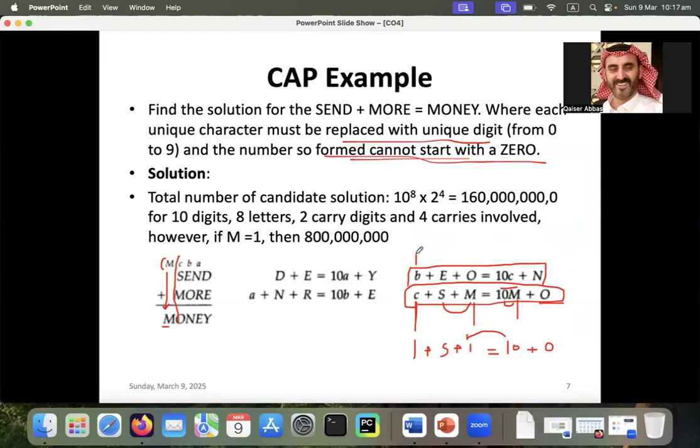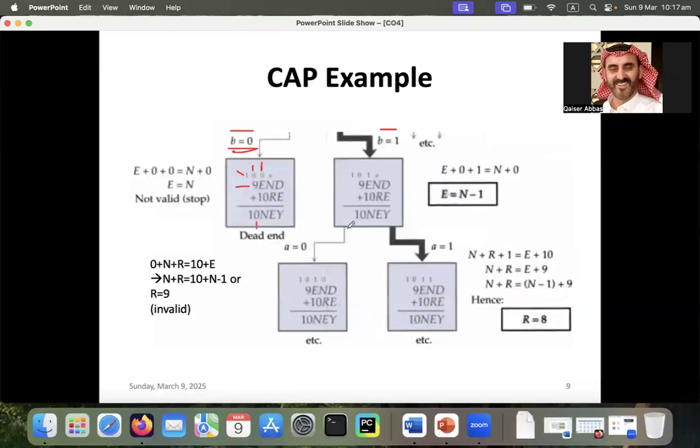So now B is 1 here, E I don't know, O is 0 here. C was previously 0, so you have the 0 here. And N, I don't know, so I have to write it here. So then it is 1 plus E plus 0 is equal to 0 plus N, which you are seeing here.